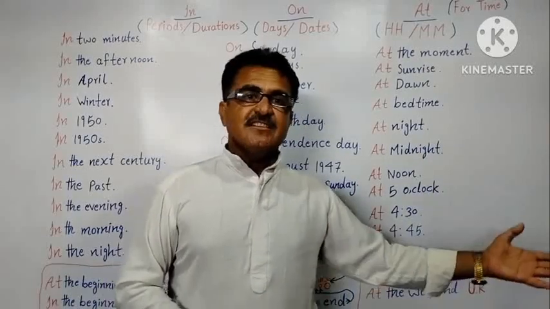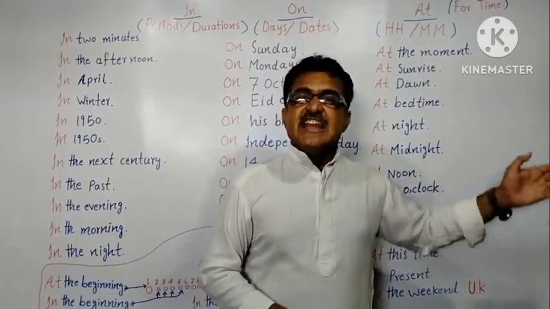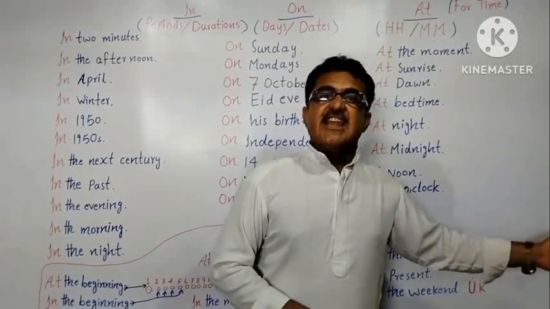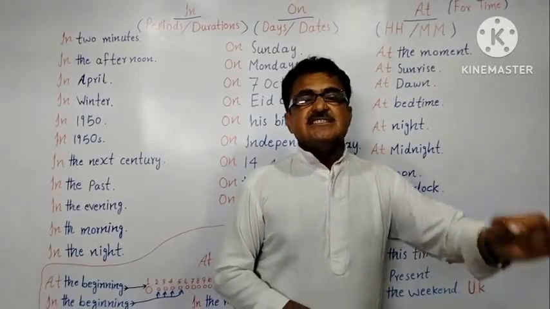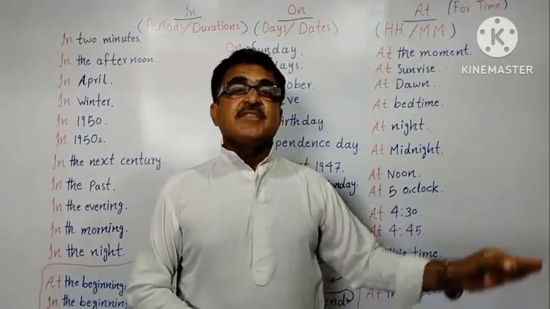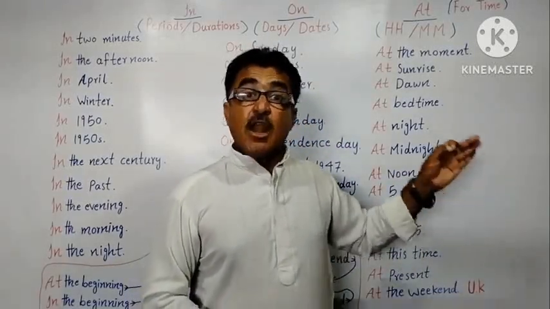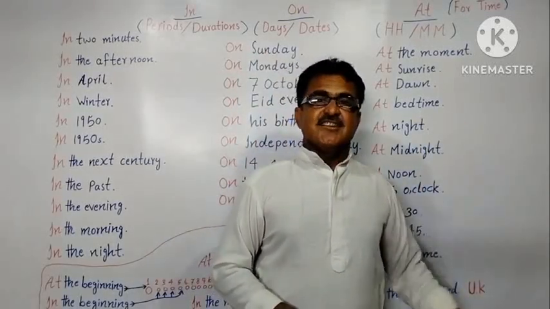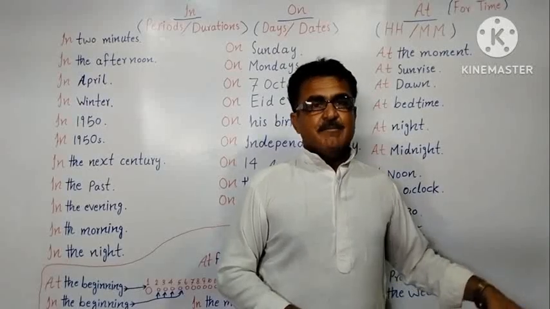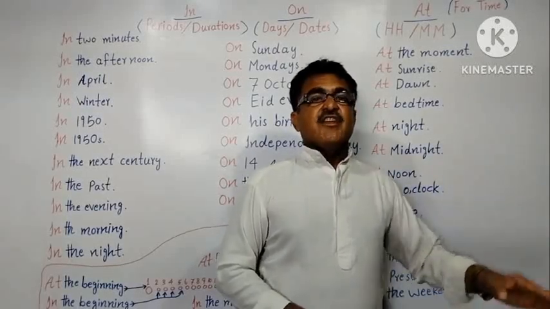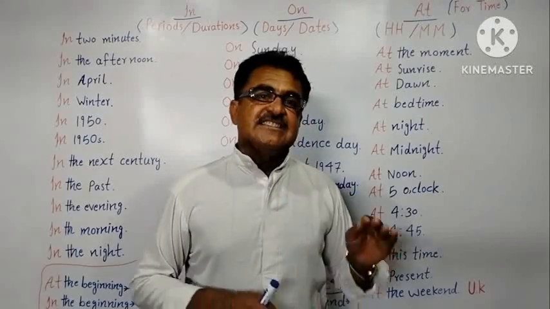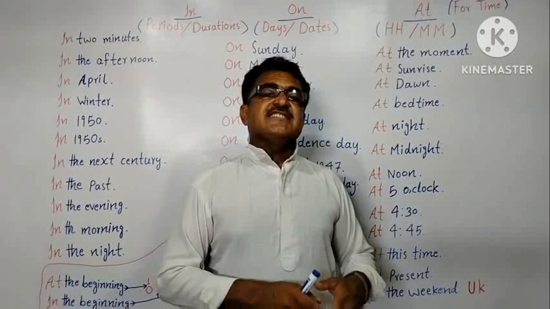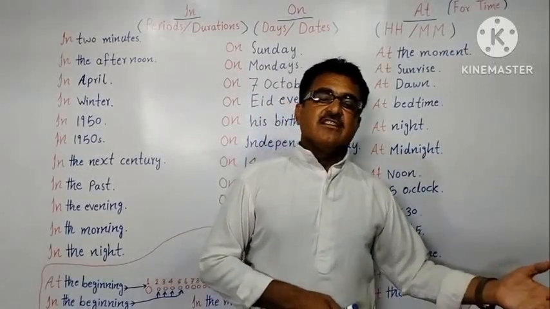The same case applies here: Afridi hit a 6 at the end of the match. So it means Afridi hit a 6 at the last ball of the last over. So in this way, at the end of the match or at the end of the game. If I say Afridi hit a 6 in the end of the match, it means Afridi hit a 6 in the last over.